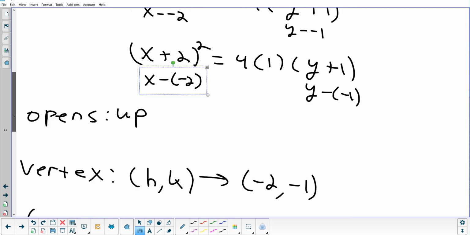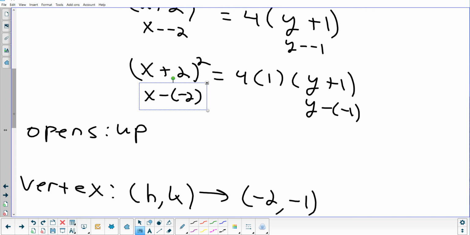Now my focus. Well, the parabola opens up. Your vertex is at negative 2, negative 1. And it opens up. So how far away is the focus? 1 unit away, and it's above it.